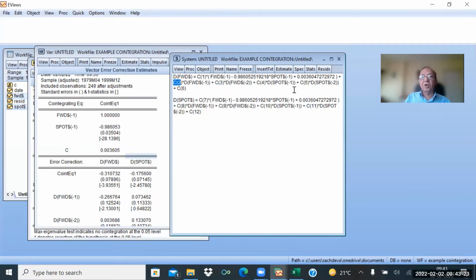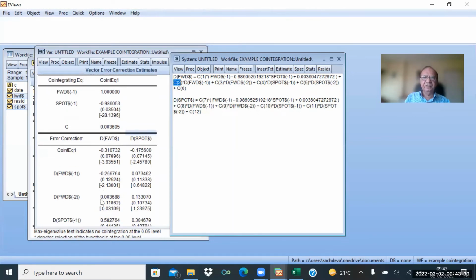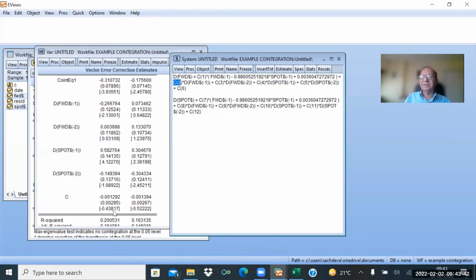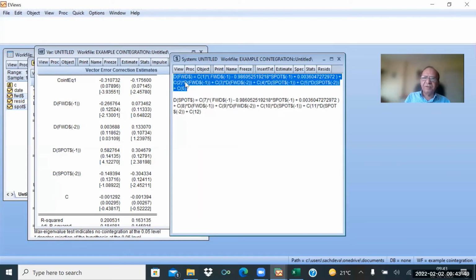C4 is the difference of spot, first lag. C5 is D spot, second lag difference. C6 is your constant, which we have already seen here. Now you copy this first one. You need not see the second one because our independent variable is forward dollar.